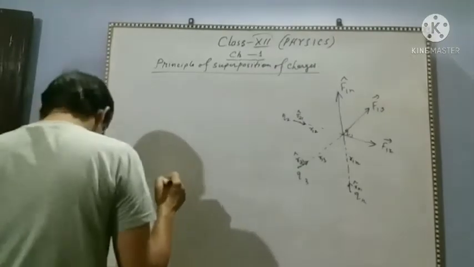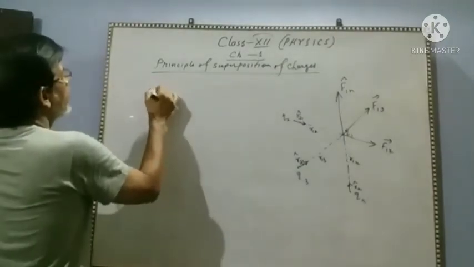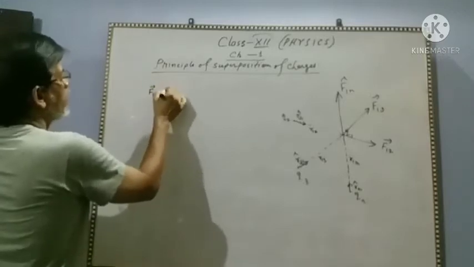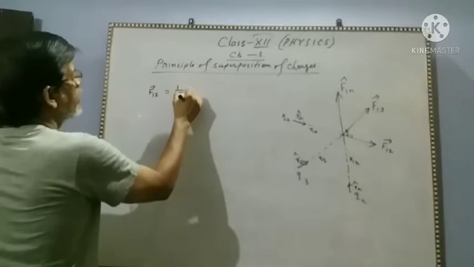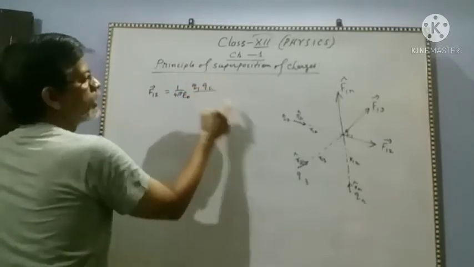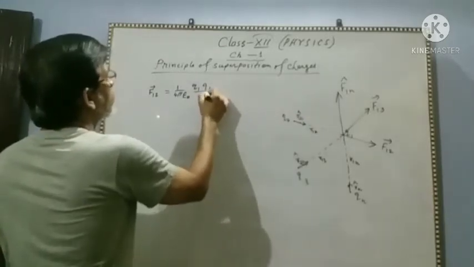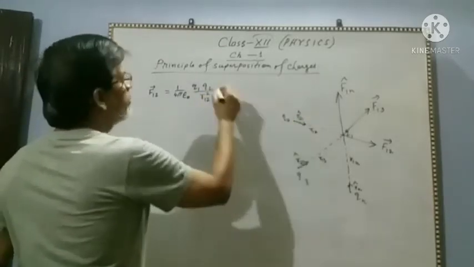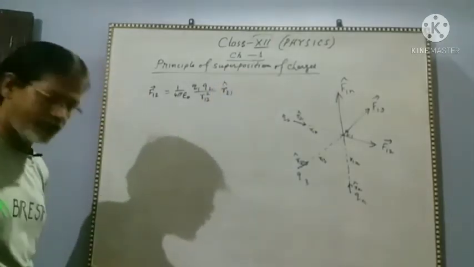So what will be the force F12? It is equal to 1 by 4 pi epsilon naught Q1 Q2 by, what is the distance? R12 square, and what is the unit vector? This one.